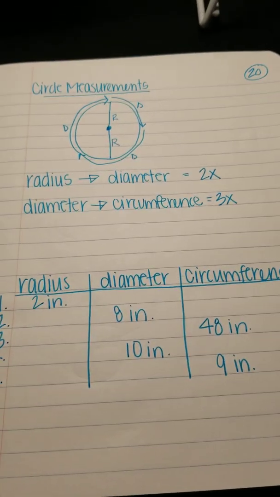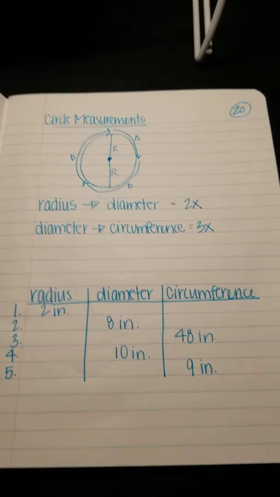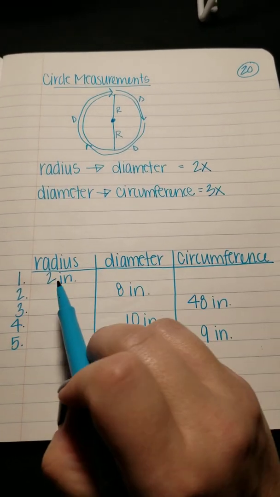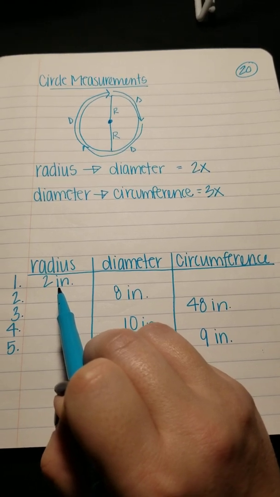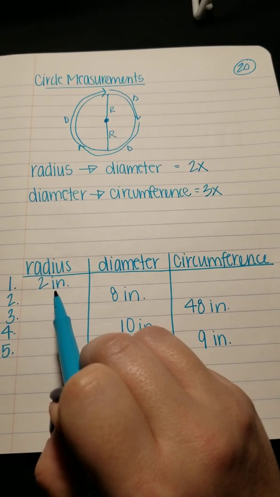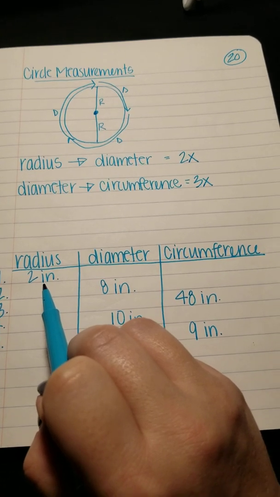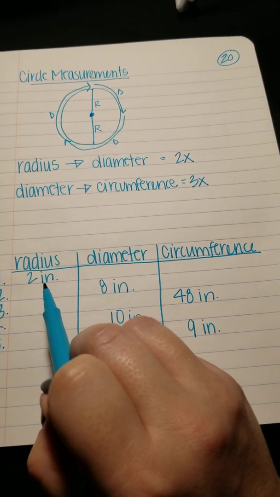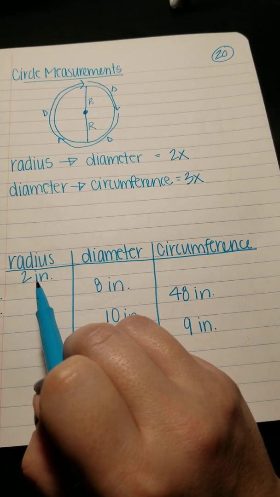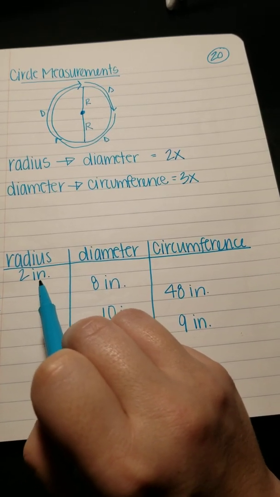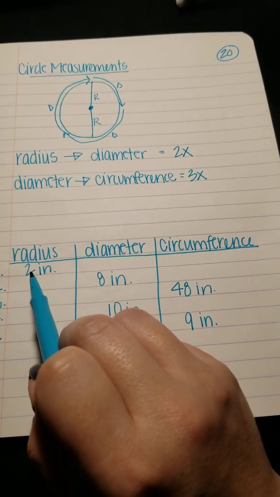Now you see that there are 5 quote-unquote problems. My radius is 2 inches. It does not matter if it's feet, yards, miles, centimeters, meters, millimeters, or kilometers. The unit does not matter, it's the number.